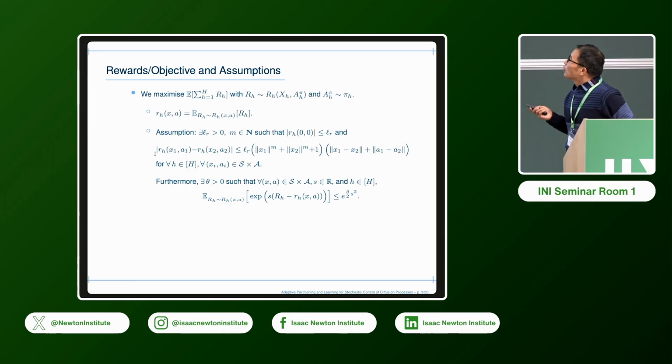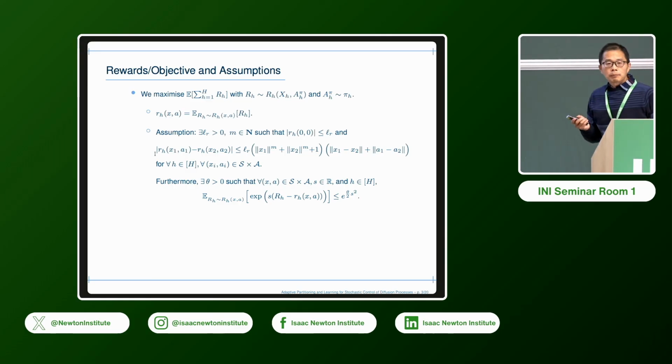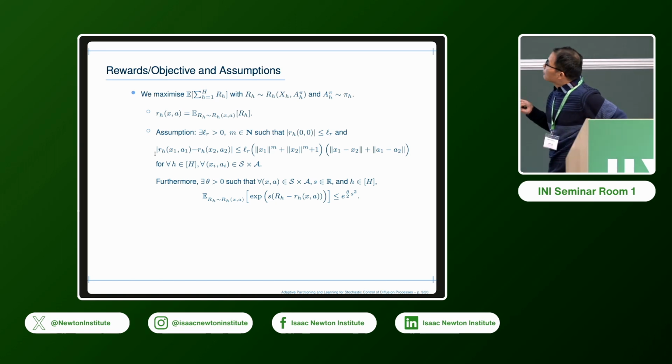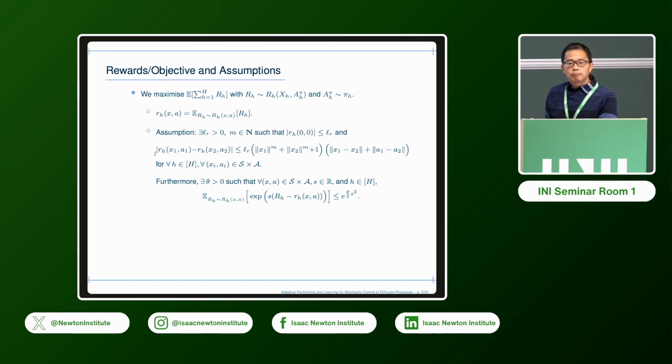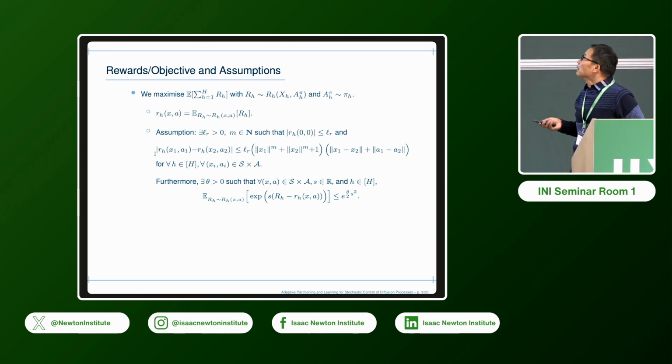We call it the polynomial growth condition, where this m is some positive number.